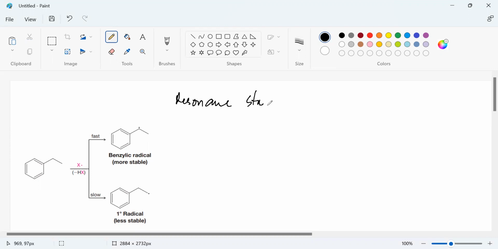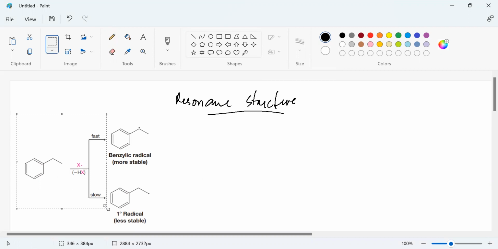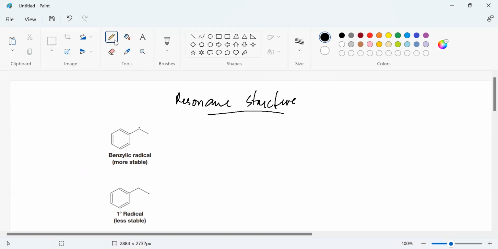We'll dig deeper once we reach aromatic compounds and consider a lot of aromatic rings. So today we get our resonance structures.